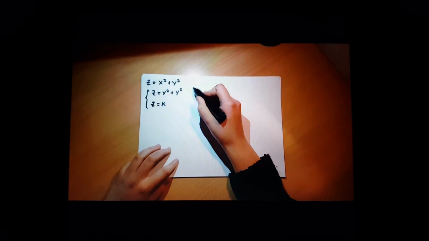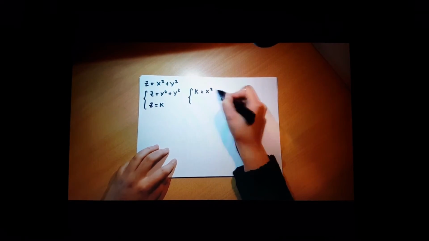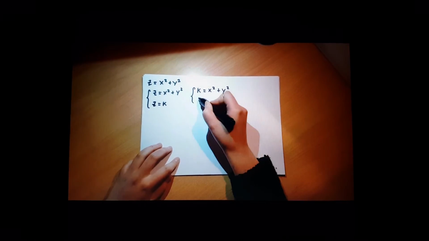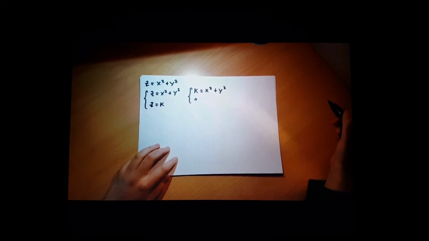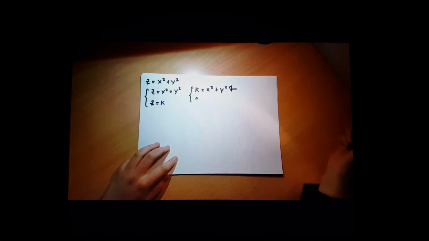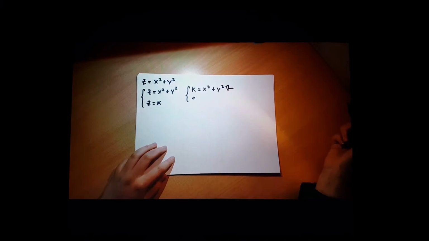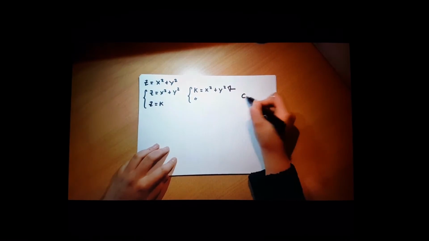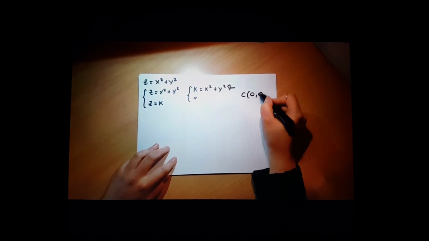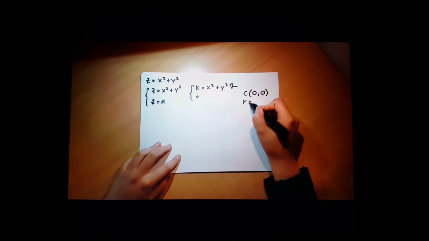Now we replace k in the first function. And we will find this equation. These are circumferences with center 0, 0 and radius root of k.